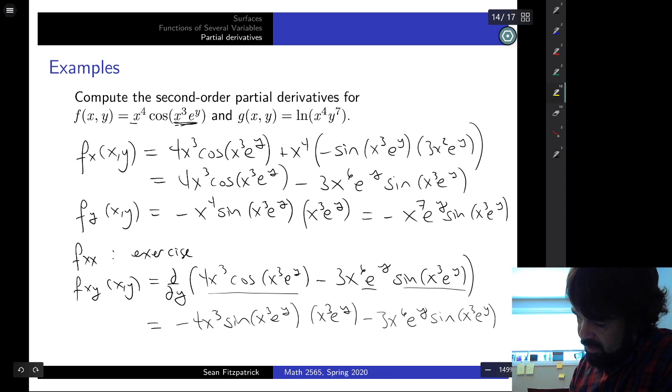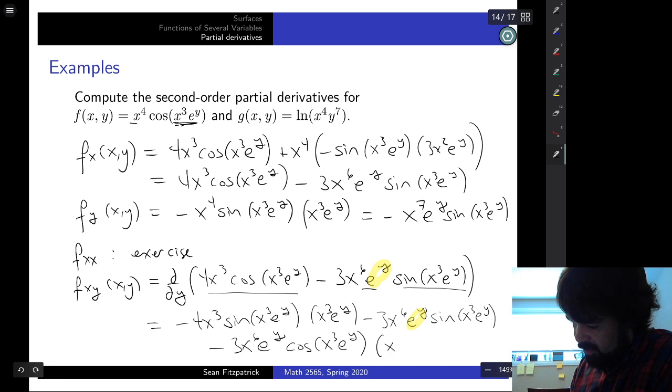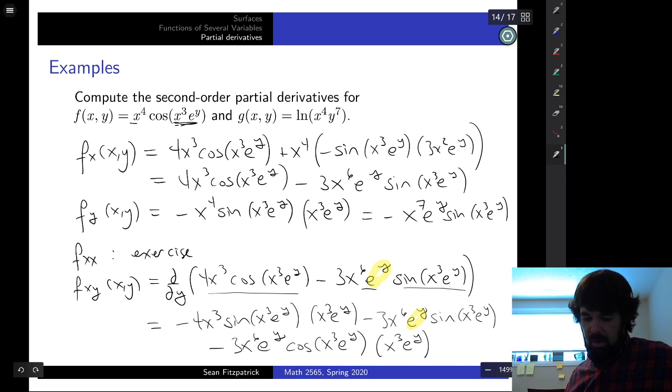Alright, so in this term, I'm doing the derivative of that part. And then I have to do minus 3x to the 6th e to the y. Now I take the derivative of sine, I get cosine, and then I multiply by the derivative of the inside with respect to y. I get x cubed e to the y.